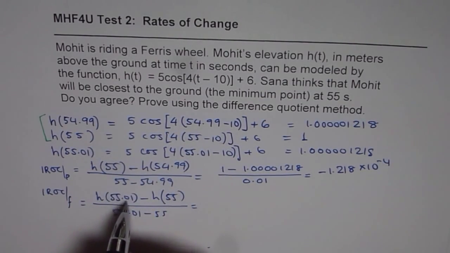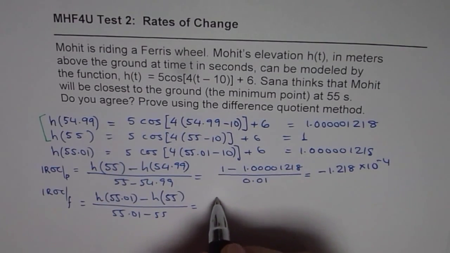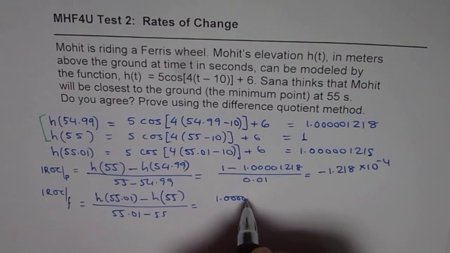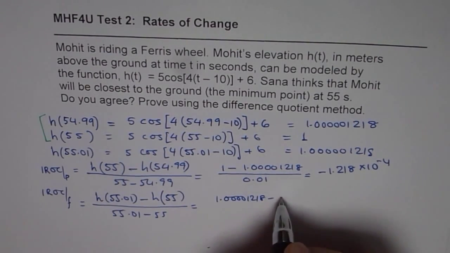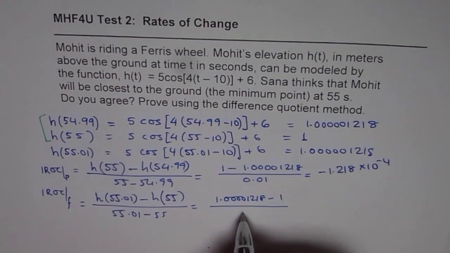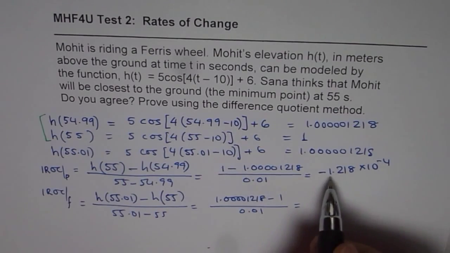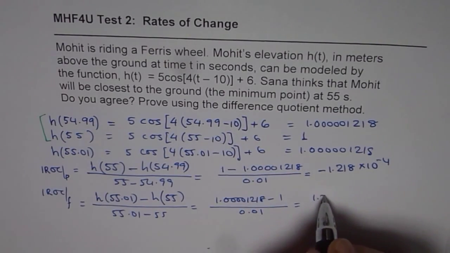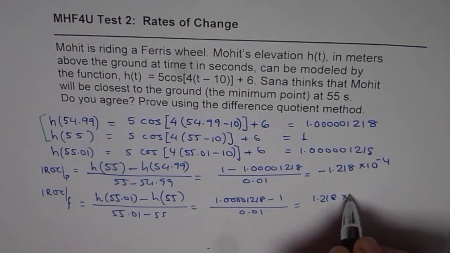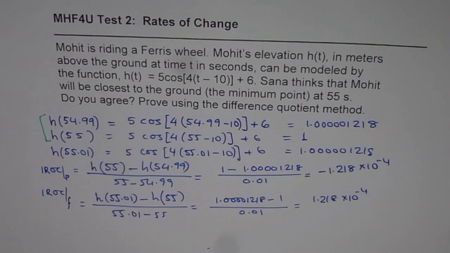So h of 55.01 is 1.0001218 minus 1 divided by 0.01, correct? And that gives us a positive value but the same magnitude. So it is 1.218 times 10 to the power of minus 2.